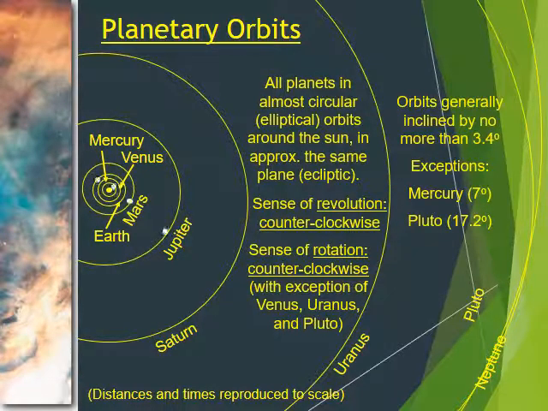They're all essentially on the same plane with, again, a couple of exceptions. Not only does that commonality provide a little more evidence for the solar nebula theory, but there's got to also be an explanation for the exceptions in order to keep the solar nebula hypothesis as the leading hypothesis.